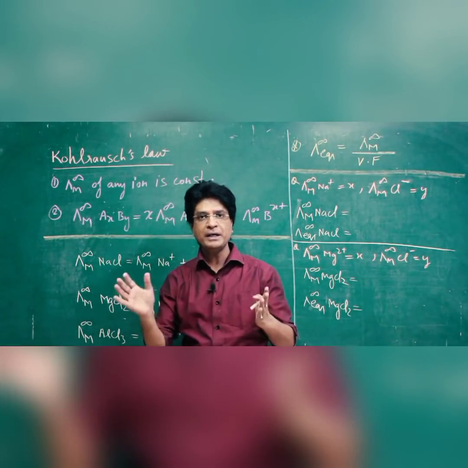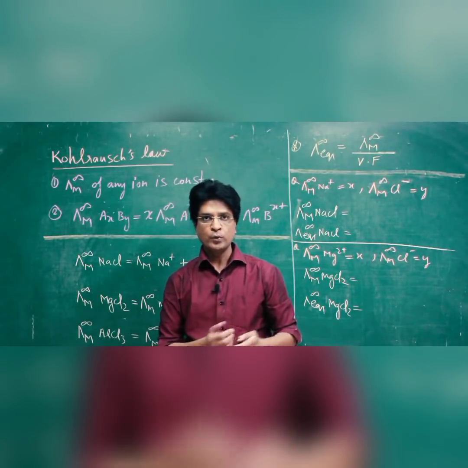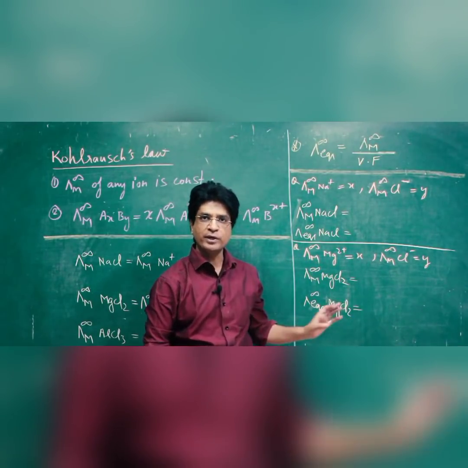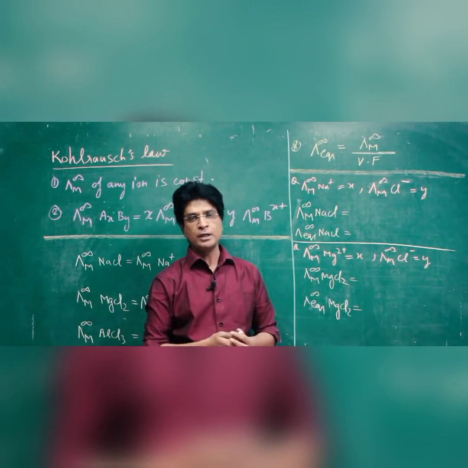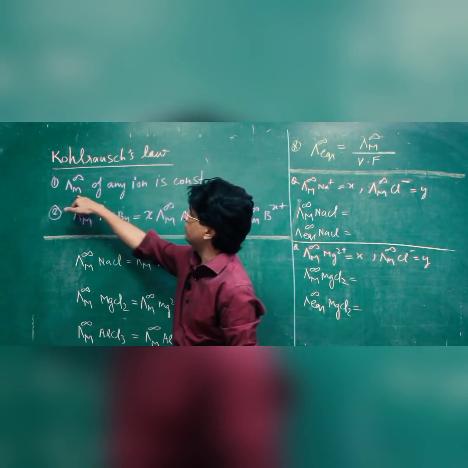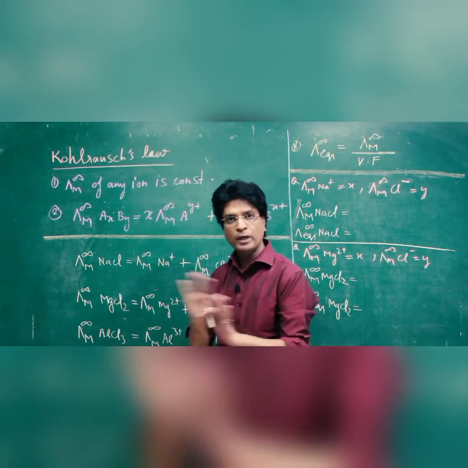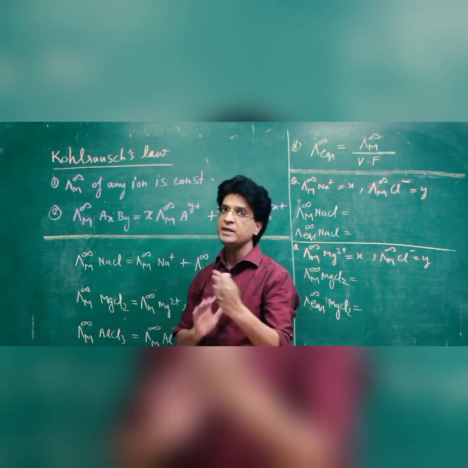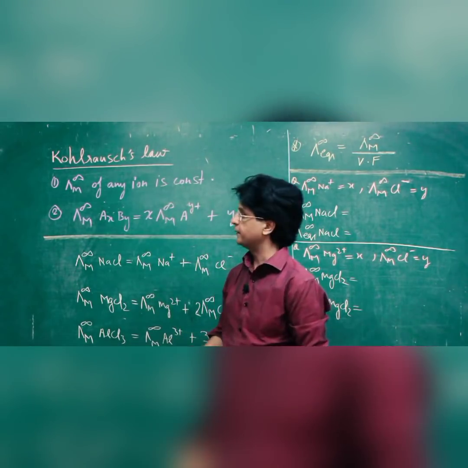It is independent of any inter-ionic interaction. We knew that at a certain concentration there is inter-ionic interaction, and because of that there is a pull force. But at infinite dilution, the molar conductivity of that ion will be constant. There will be no interference, no resistance coming from any other ion, independent of the source of the ion.